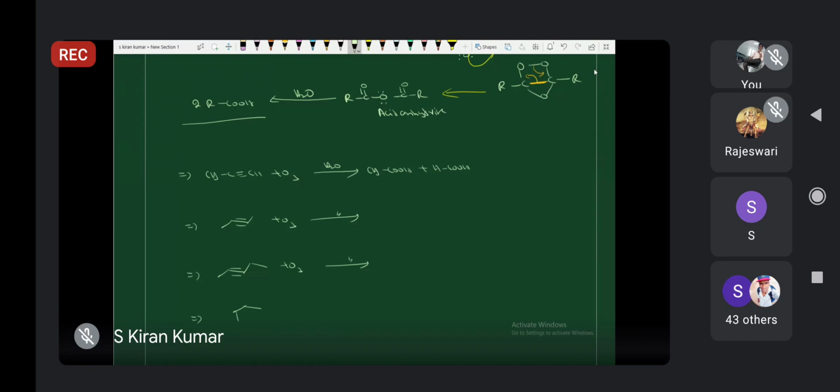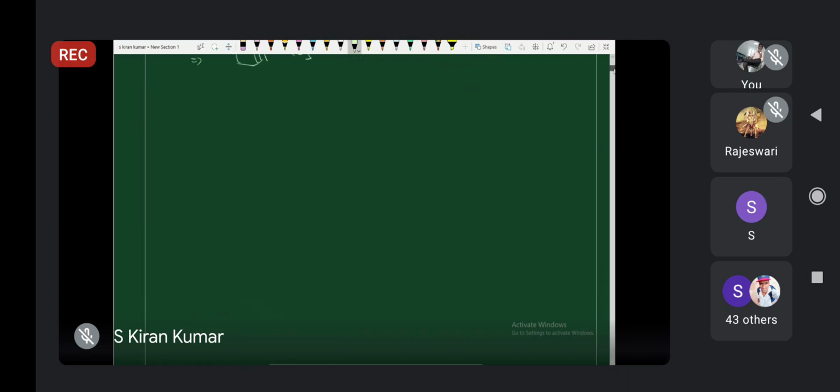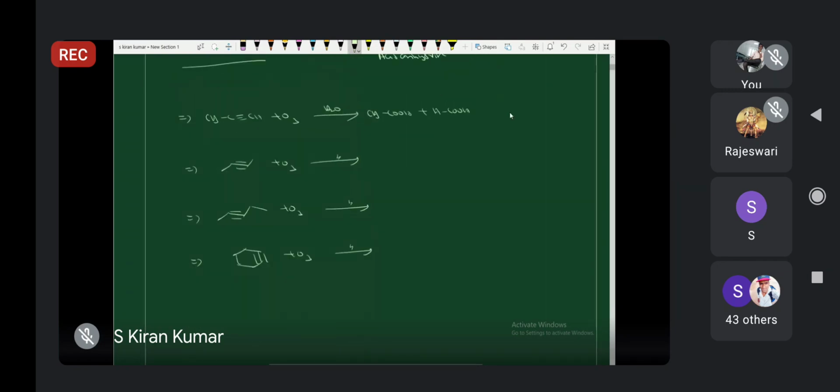Next, cyclohexyne on ozonolysis. Next, cyclooctyne on ozonolysis.